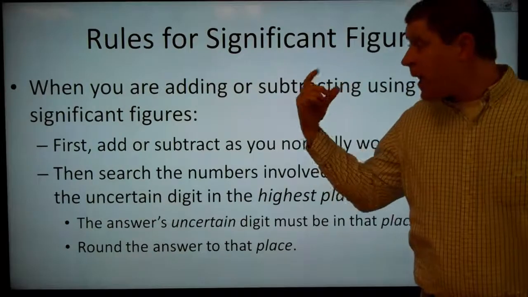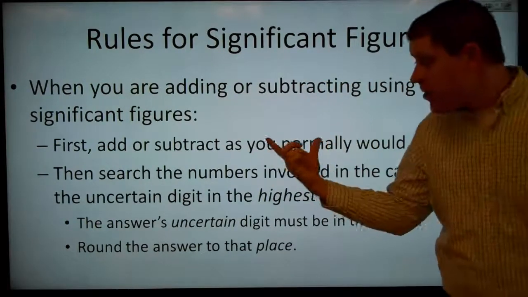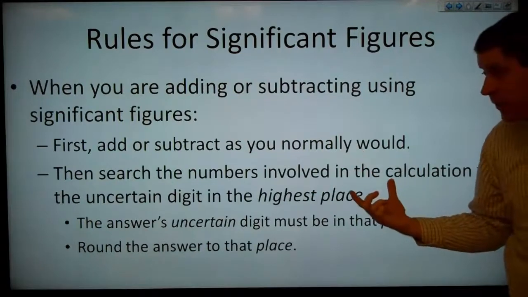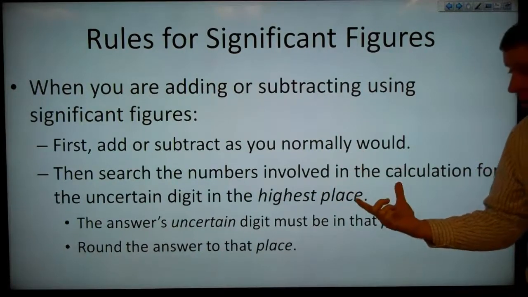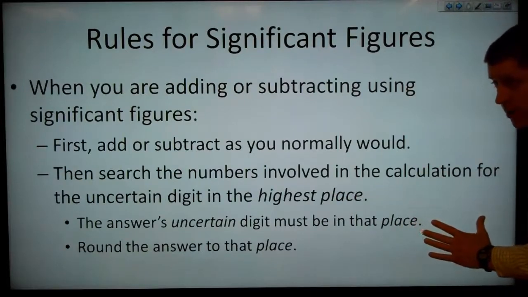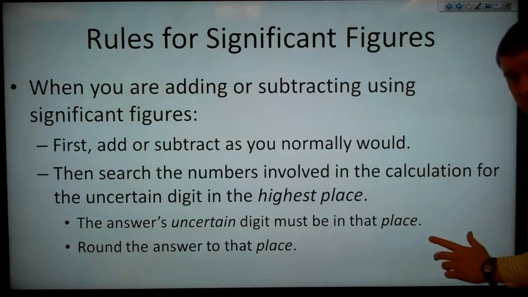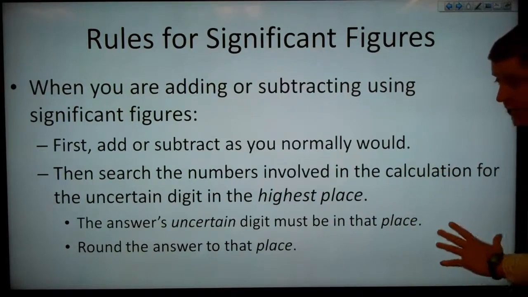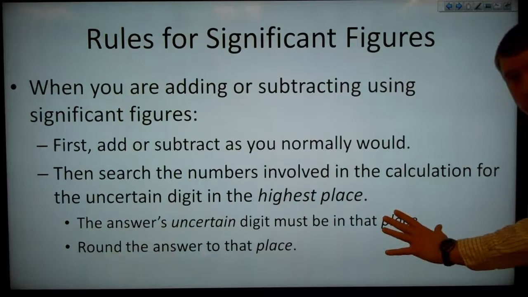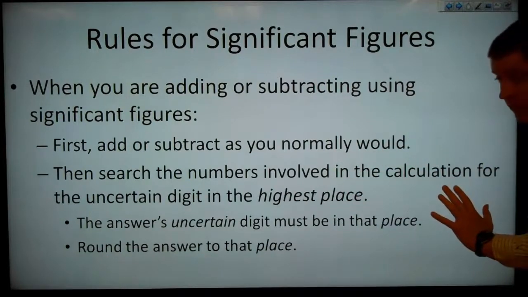When you're adding or subtracting using significant figures, first you add or subtract as you normally would, and then you look through the numbers involved in your calculation, all the numbers that you're adding and subtracting, for the uncertain digit in the highest place. The highest place is the highest decimal place. It may be to the left of the decimal, it may be to the right of the decimal.